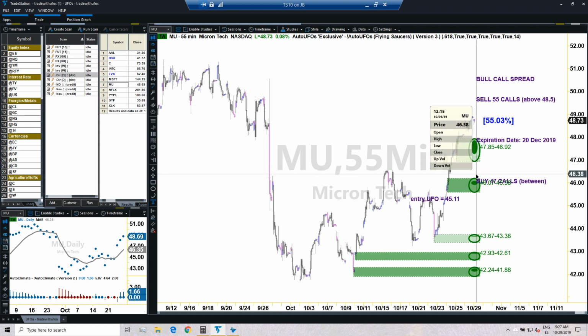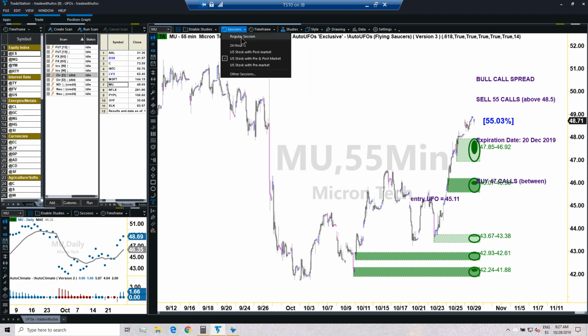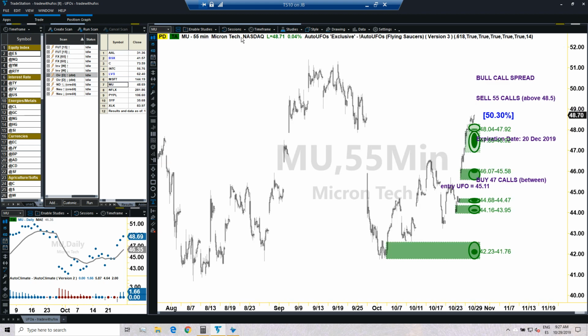Okay, so that would not be too good. But anyway, we got 55% with pre and post market. Regular session gives us 50%. So yeah, this trade will not be valid anymore, because the average has moved. Of course, they are not lining up the UFO, and that's why it will not be valid any longer. Okay, so Micron we're going to pass.